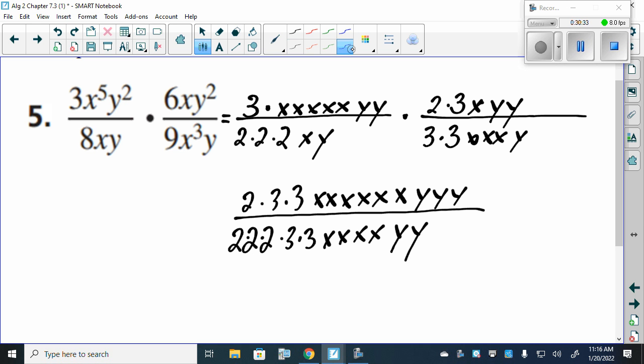And well, now I can come back and cancel out what's in common. So one of these 2's would cancel out with one of these. These 2 3's would cancel out with these 2 3's here. These 4 x's and these 4 x's here would simplify. And these 2 y's would simplify out with these 2 here.